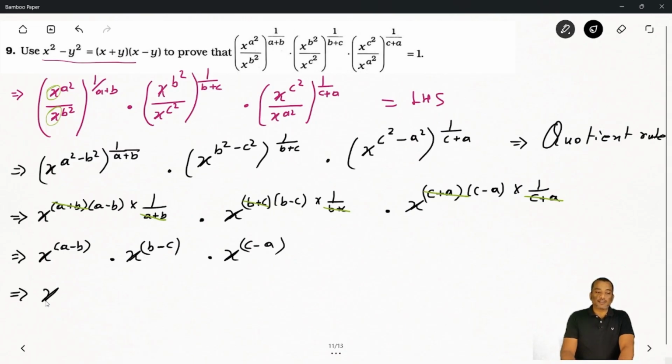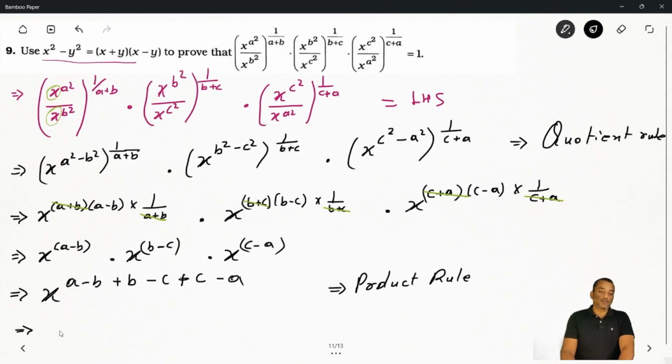So you can say x to the power a minus b plus b minus c plus c and minus a. So here apply the product rule. Okay, so how much will you get here?